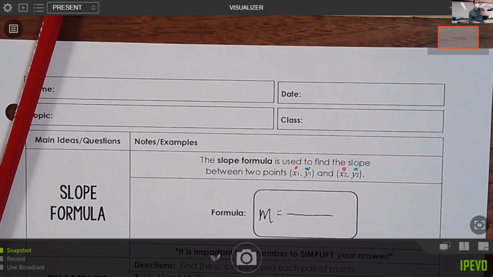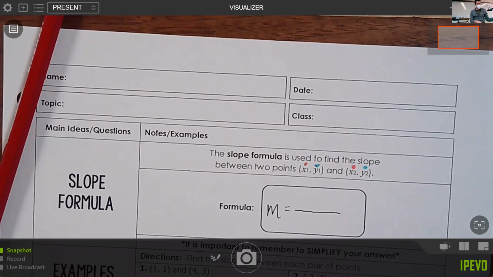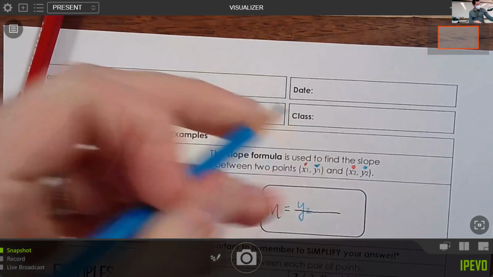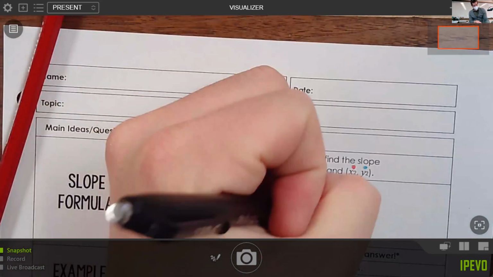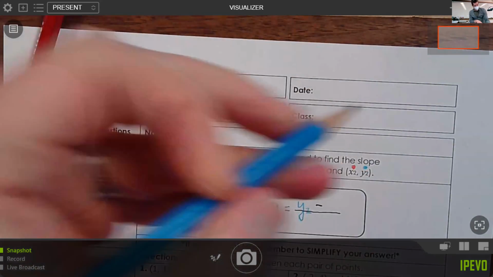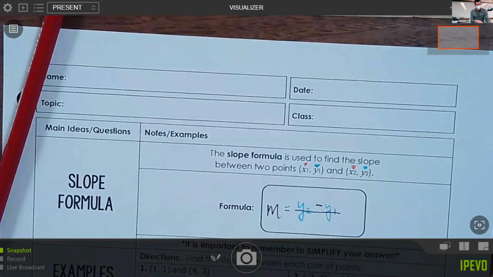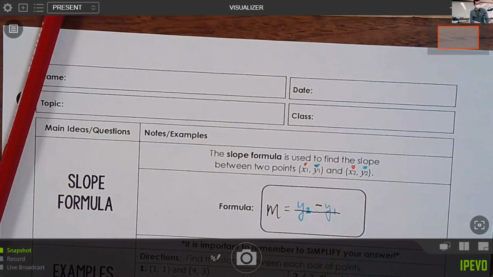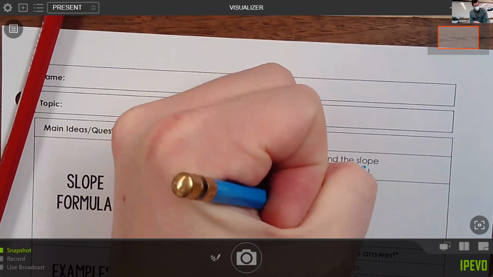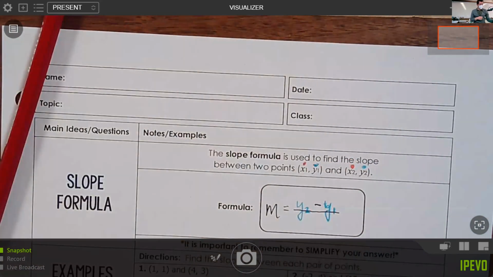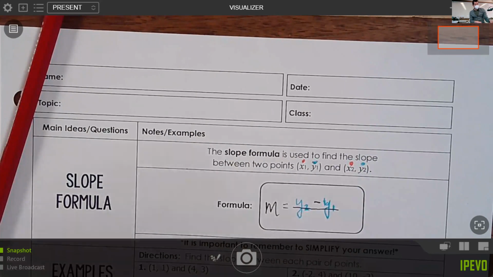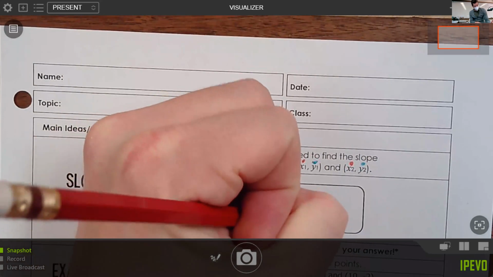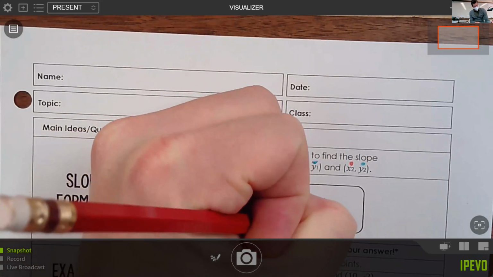So on the numerator, we're going to have the difference in the y values. So we're going to have y2 minus y1. So it's actually the second y value minus the first y value. And on the denominator, it's the same order, but it's with the x value. So we're going to have x2 minus x1.